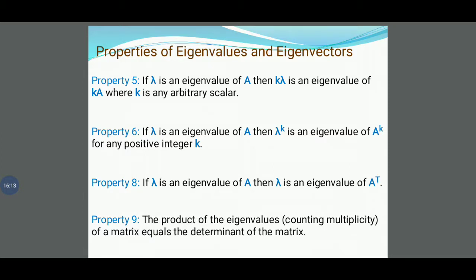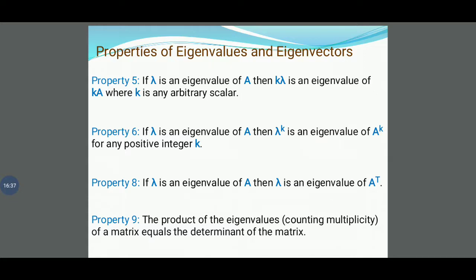Okay, now let's move further to the next property of eigenvalues. If lambda is an eigenvalue of A, then k lambda is an eigenvalue of the matrix kA, where k is an arbitrary scalar. Easy. Suppose a matrix has eigenvalues 1, 2, and you multiply some constant to the matrix, then the matrix becomes kA.